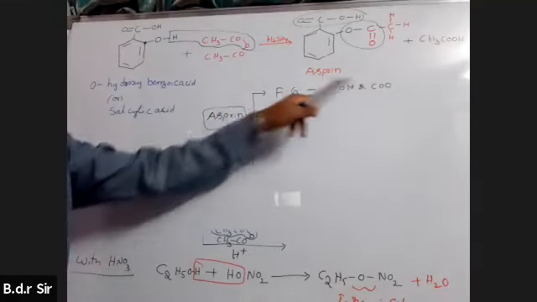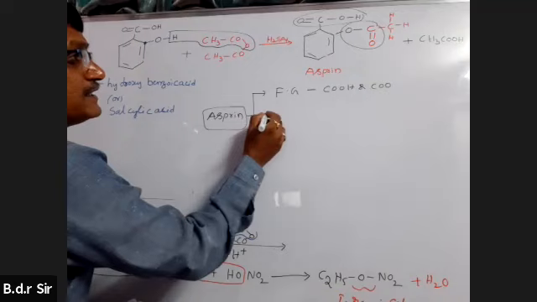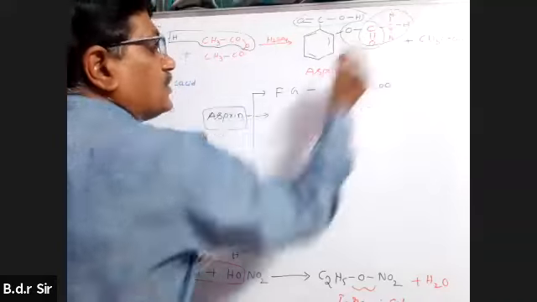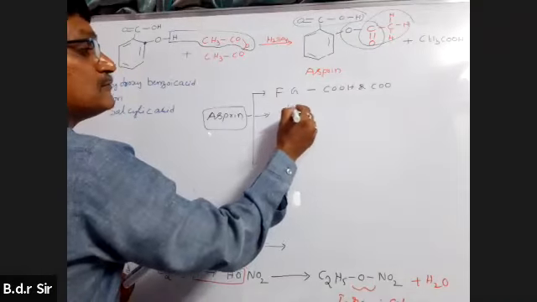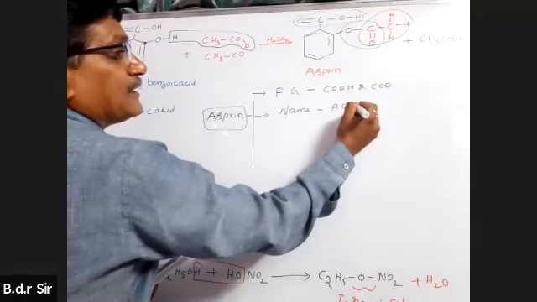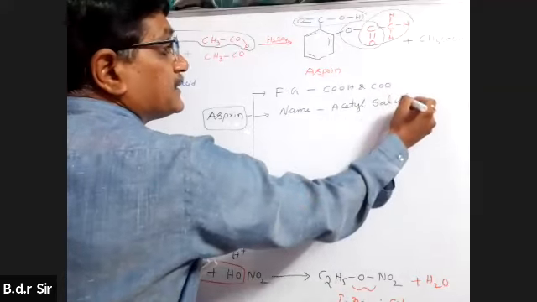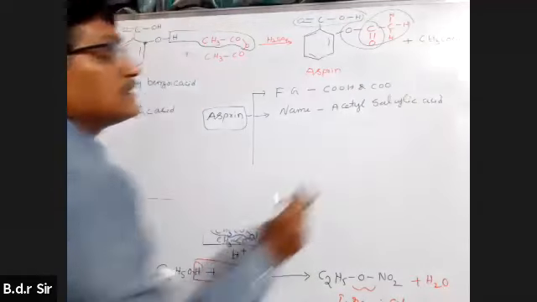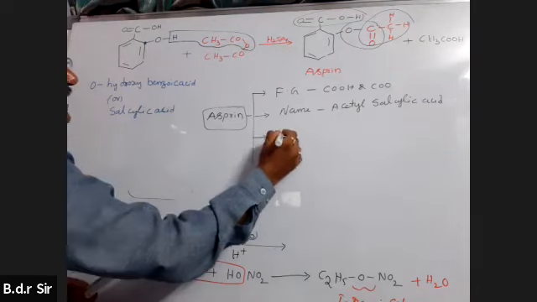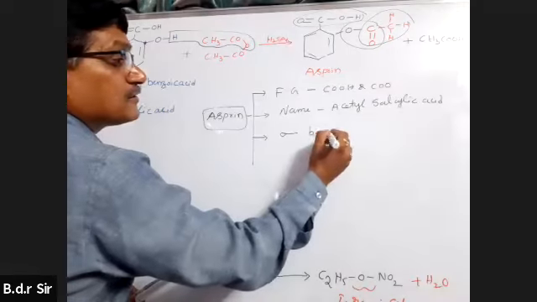Functional groups in aspirin: carboxylic acid and ester. Its name, acetyl CH3CO, acetyl salicylic acid.